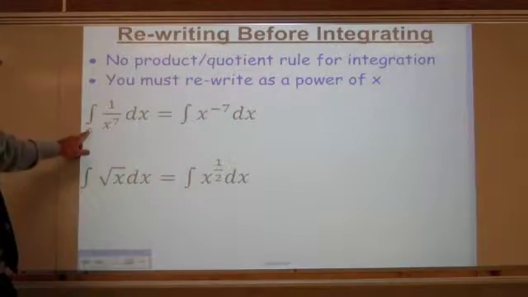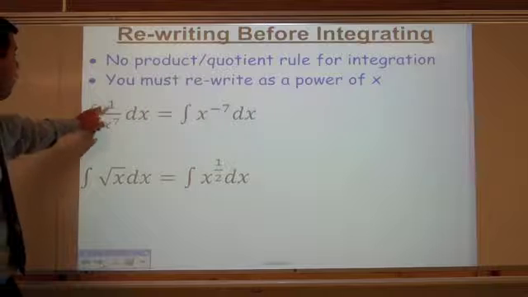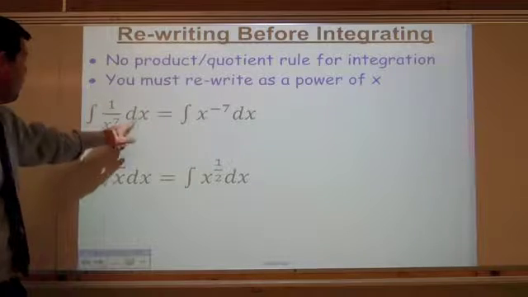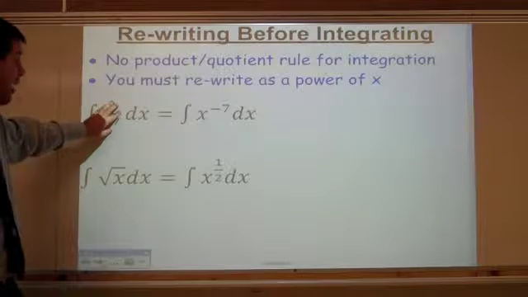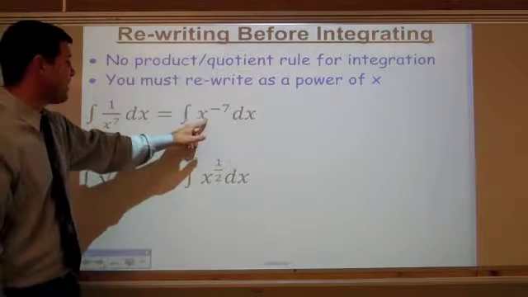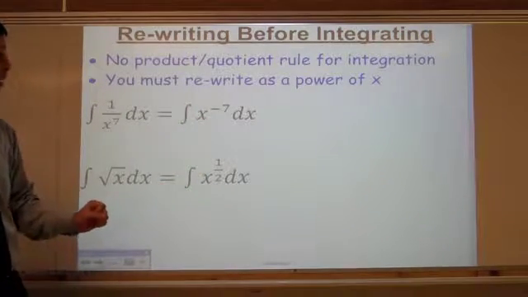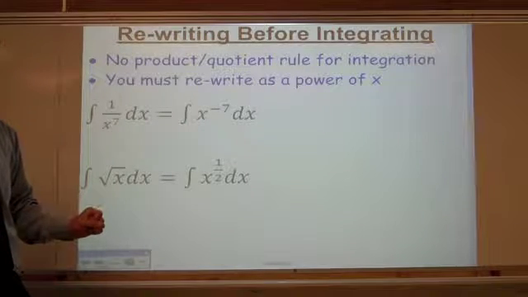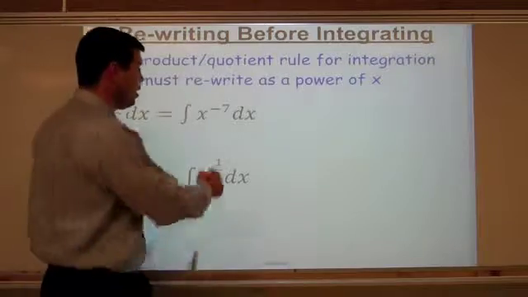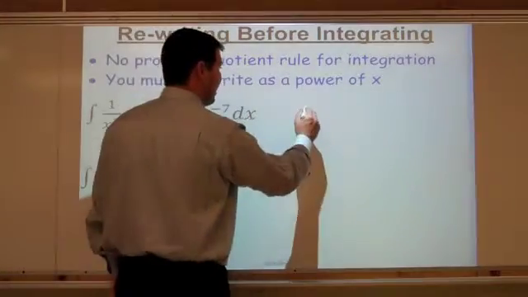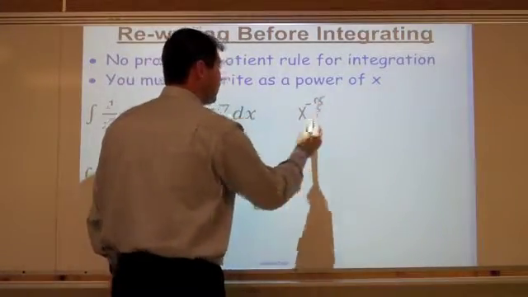So for example here, the integral of 1 over x to the 7th with respect to x. Well, I want to write that as a power of x. So I rewrite that as the integral of x to the negative 7th dx. And when I anti-derive this, again, add a power. So x to the negative 7 plus 1 is x to the negative 6.